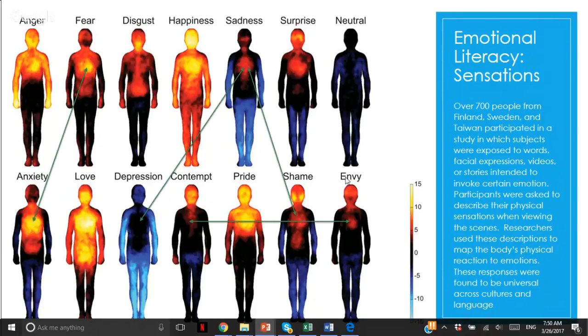Now that red intensity from the chart here to the chart over here has turned black, and so it's become neutral. Meanwhile, these parts that were blue have become so strong that they've turned from blue to white. See that? So depression is a stronger, more intense feeling than sadness.